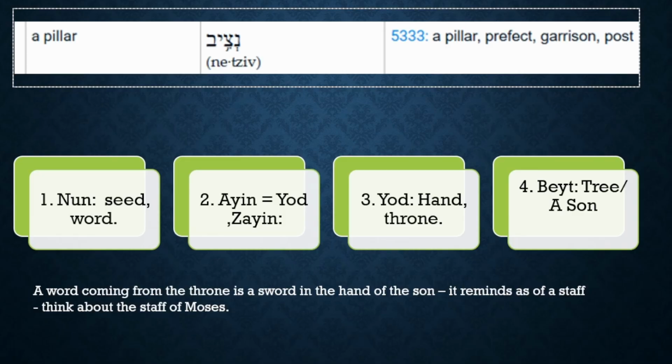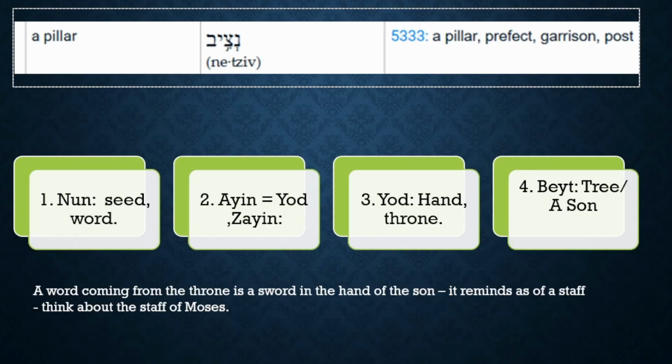Then you see yod, which is the hand and the throne, and bayet can be either a tree or a son. So if we put that together, it says that a pillar means a word coming from the throne, a sword in the hand of the son.